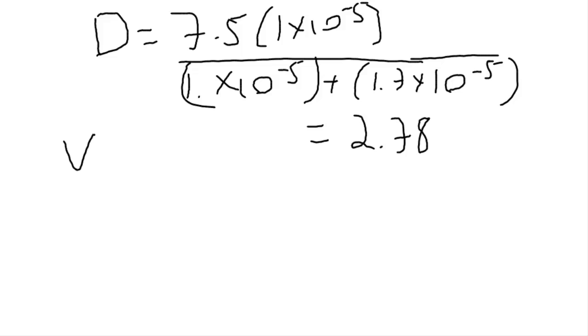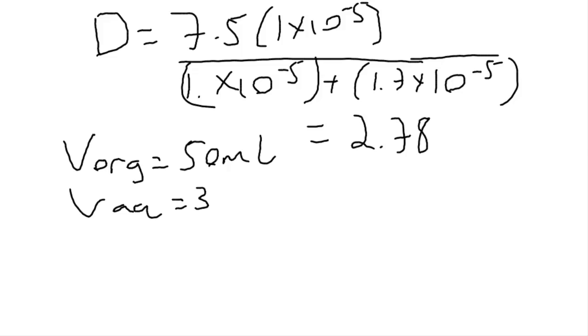So let's say we have a volume of organic solvent of 50 milliliters and the volume of the aqueous is 30 milliliters, so we're extracting from the aqueous, which is at pH 5, into the organic. We want to know what the extraction efficiency is for that one extraction.